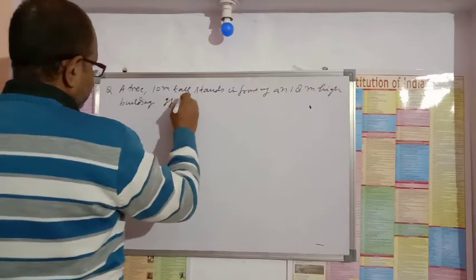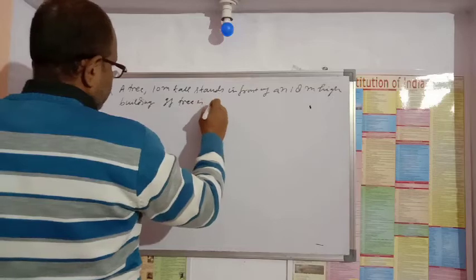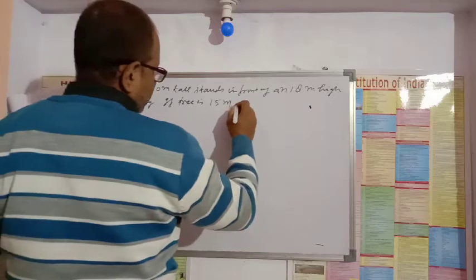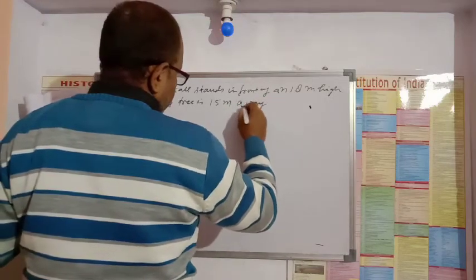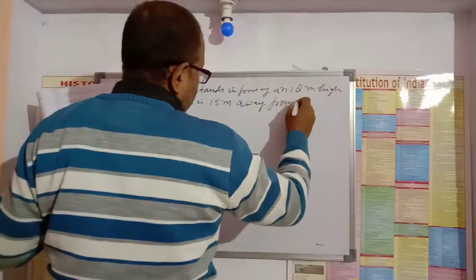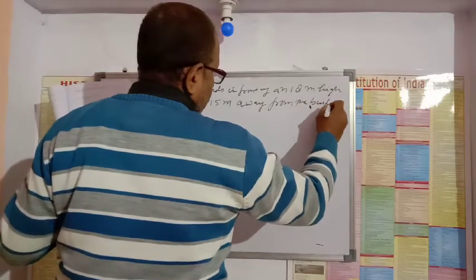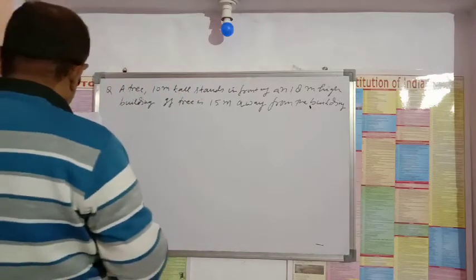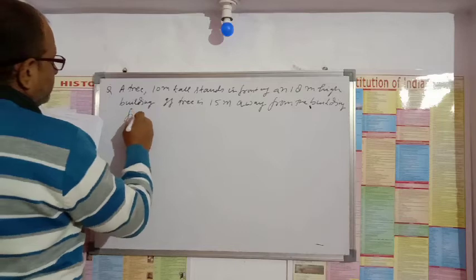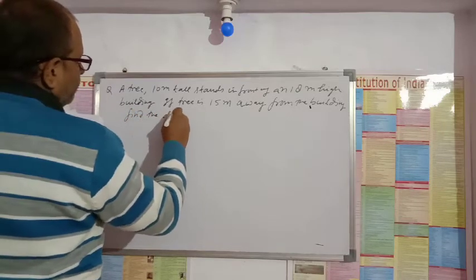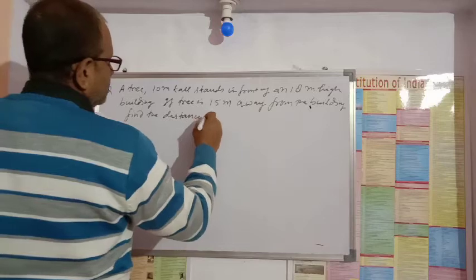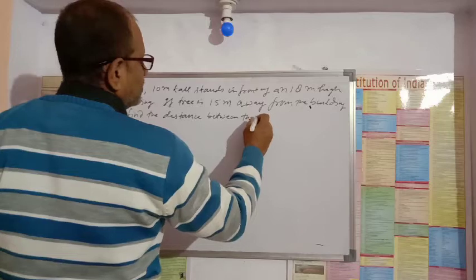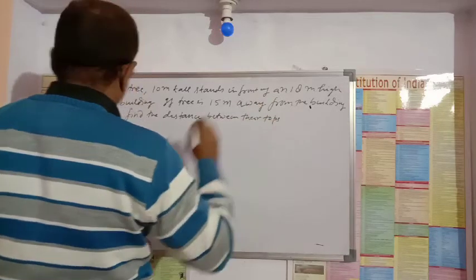If the tree is 15 meter away from the building, find the distance between their tops.